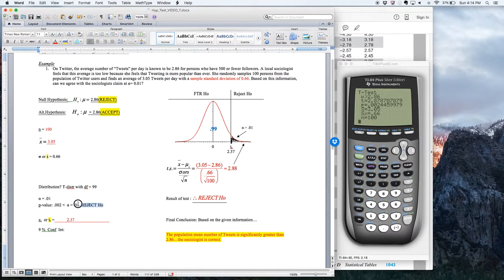This methodology here is just a different way to do the question. It's called the p-value methodology. Obviously, it's so much easier. I mean, think about it. You get this one number called the p-value, and if that p-value is smaller than alpha, reject. If that p-value is bigger than alpha, fail to reject. It's a much simpler process. But you don't fully understand the p-value method unless you really understand the traditional method.